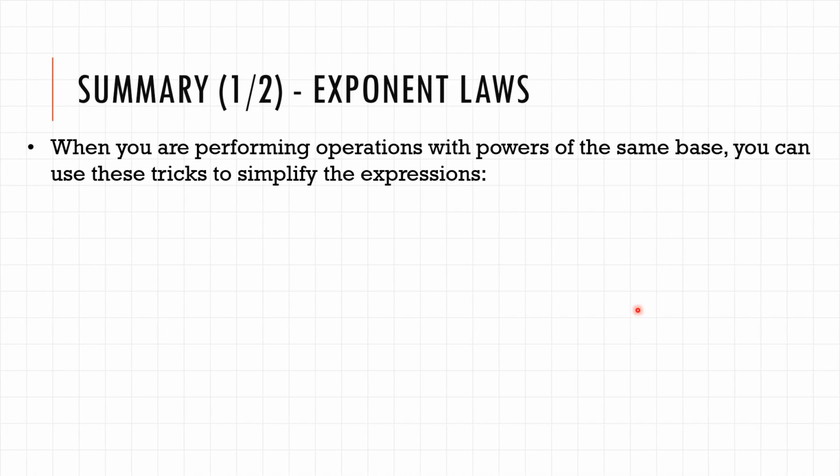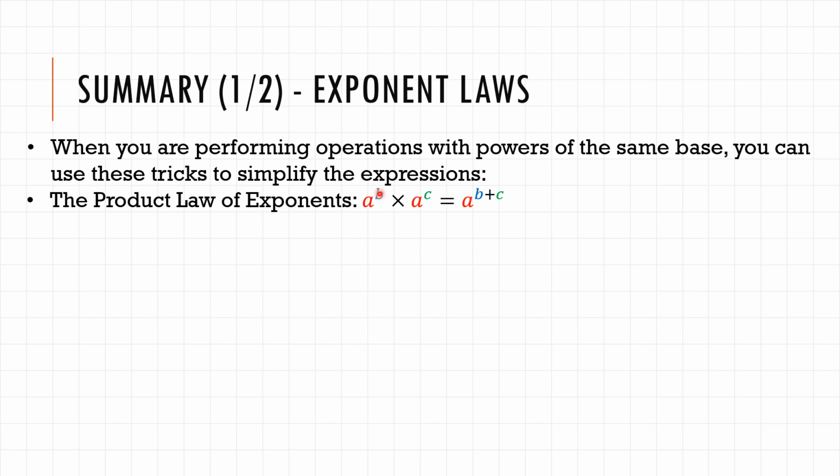So our first little summary here is that when you're doing operations with powers that have the same base, one thing you can do is use some tricks to simplify your expression before you start actually solving it so your numbers don't get too big. The product law of exponents is the first thing we learned in this lesson.